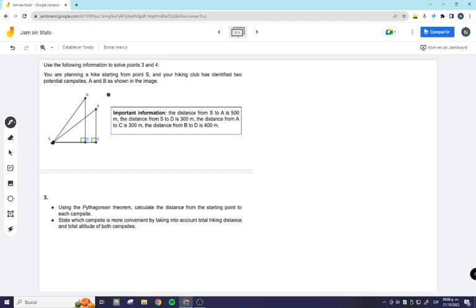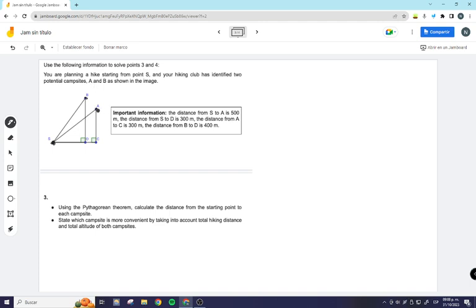If you have some information to read, it's because it's important. So you start here, and your hiking club has identified two potential campsites, A and B. These are potential sites where you can camp after hiking.